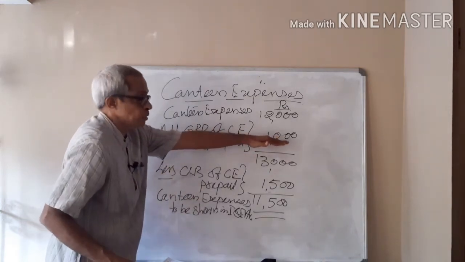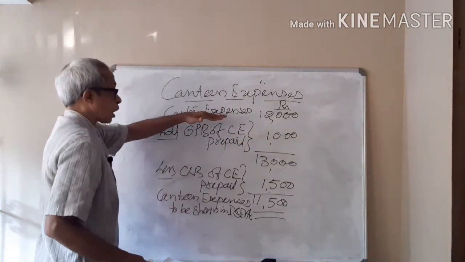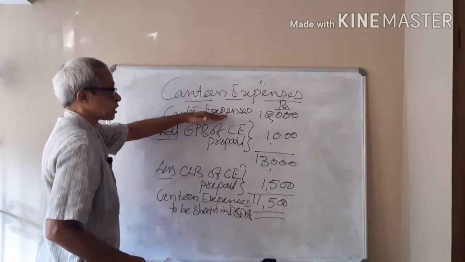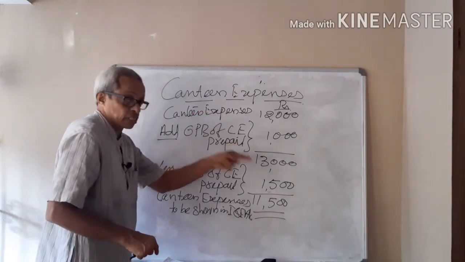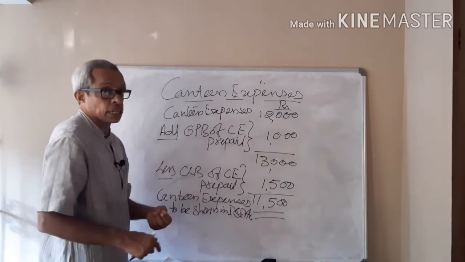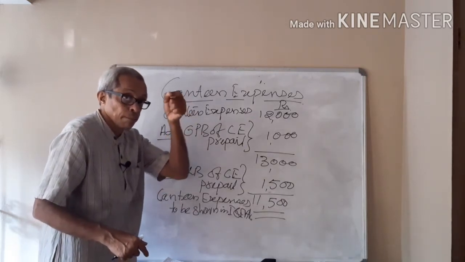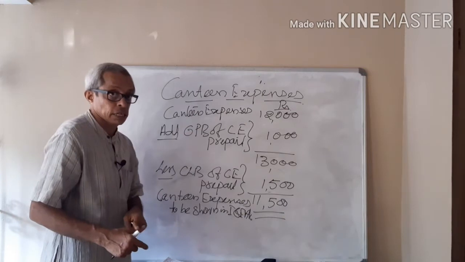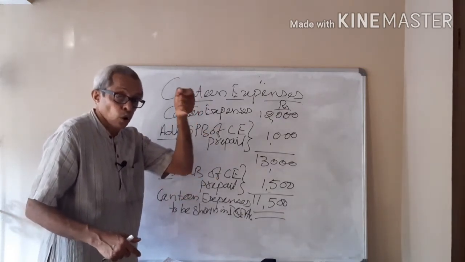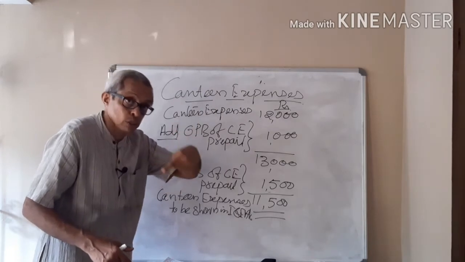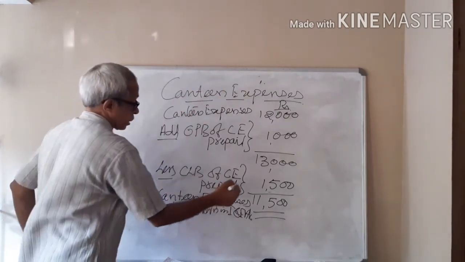Therefore, that amount has been added to the total canteen expenses paid during the year, and from that resultant figure we deducted canteen expenses prepaid on closing date, that means canteen expenses paid that belong to the next financial year.